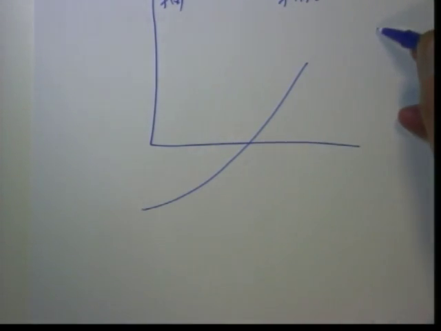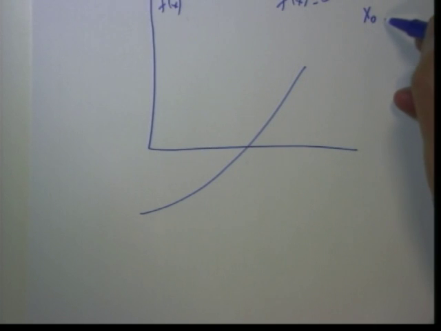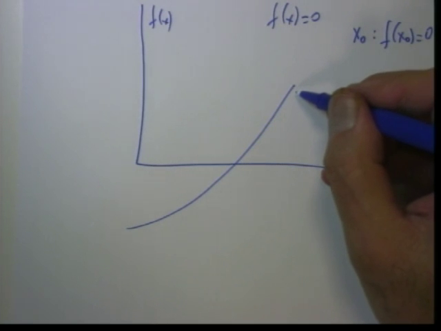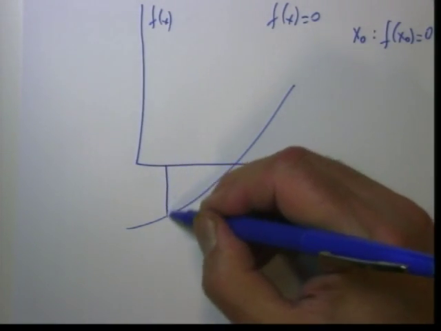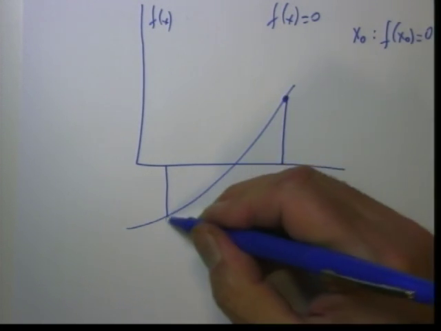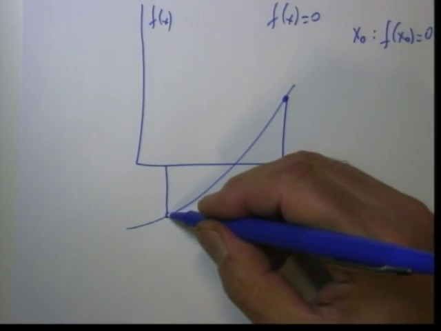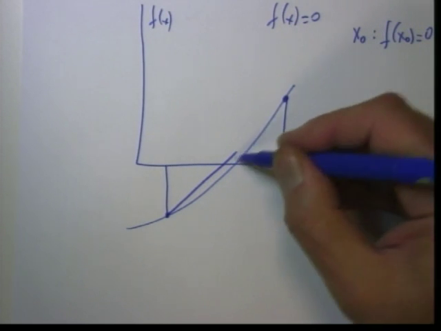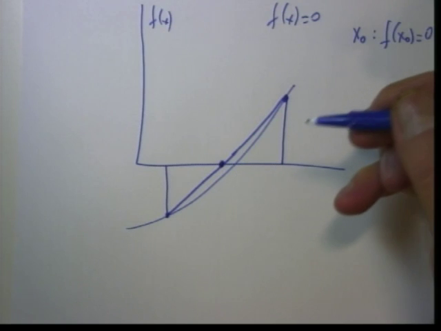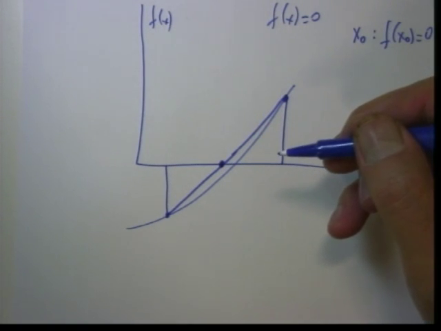So I would like to find x0 such that f of x0 equals 0. Sometimes we are approximating it like this. We take these 2 points, and then we pass a line between these 2 points. So then this is first approximation of the root.